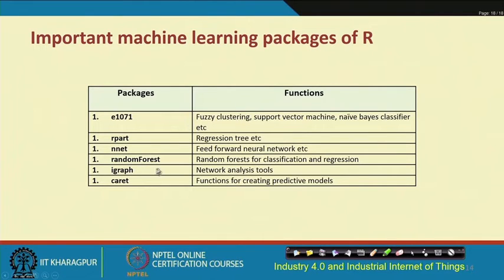Then you have other things like iGraph, which is for network analysis, and caret, which has different functions for creating predictive models. e1071 is a package which supports fuzzy clustering, SVM, naive Bayes classifier, etc. rpart is for building regression trees, nnet is for feed forward neural networks. Like this, there are many other packages supported by R.